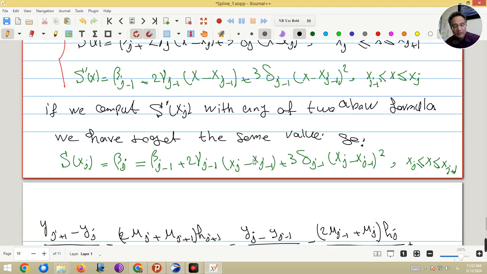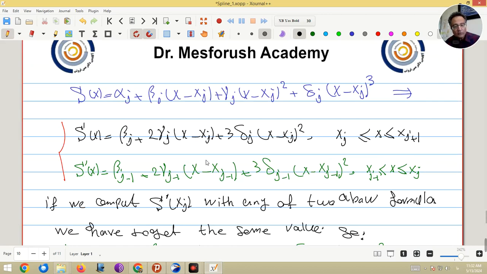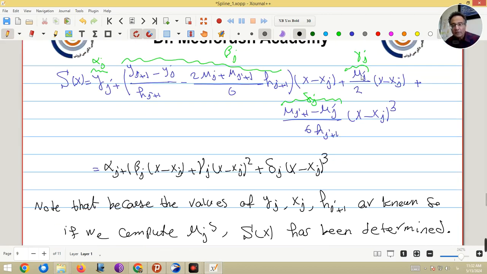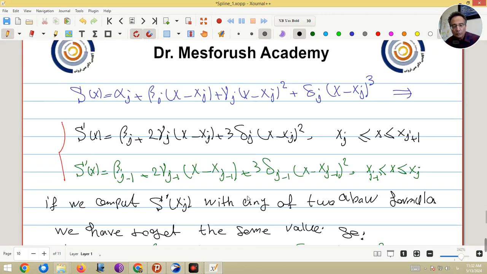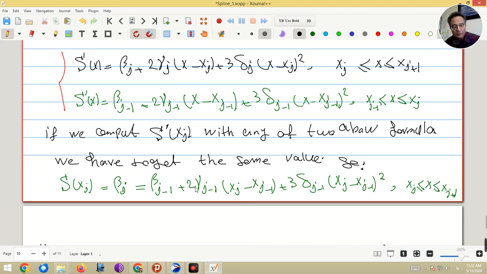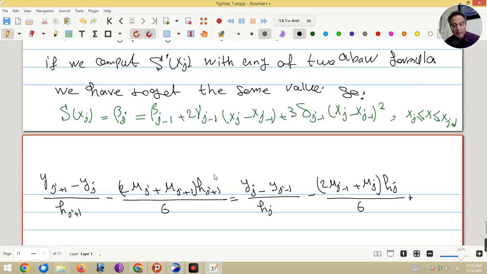if we use for gamma j this one, mj over 2, and put it here, the 2 will cancel with the 2 in the denominator and just remains mj, and here I know is hj, plus, so mj hj will appear from this term.